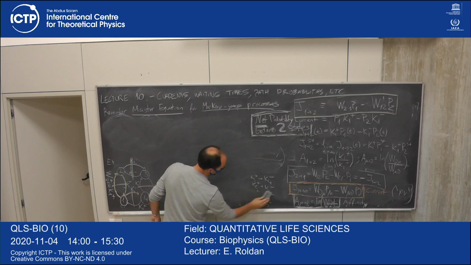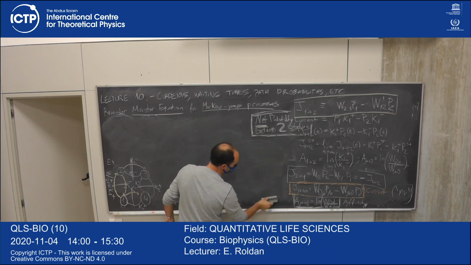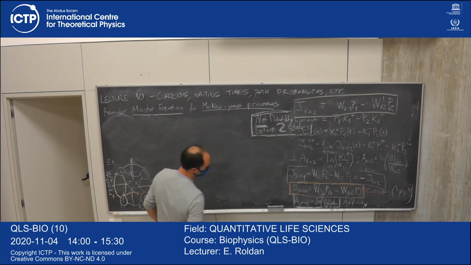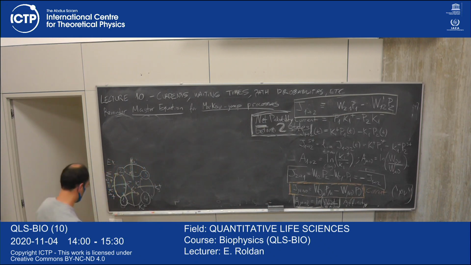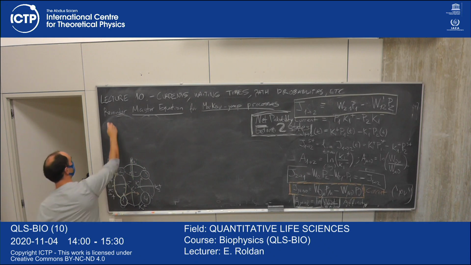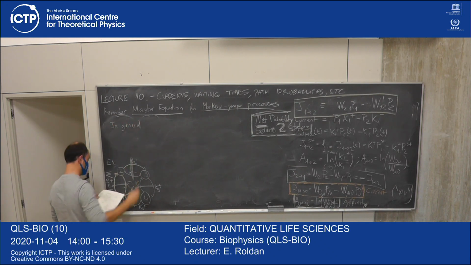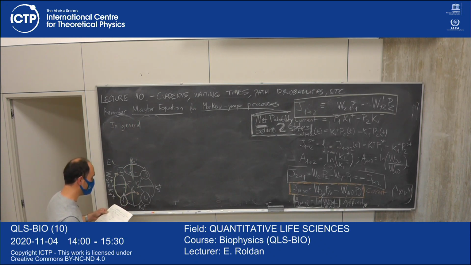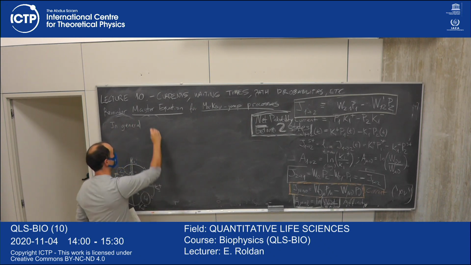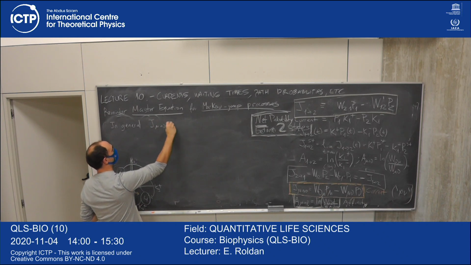Remember, the stationary state can be equilibrium or non-equilibrium. And in general, we will have probability currents, so J mu to nu will be different to 0.